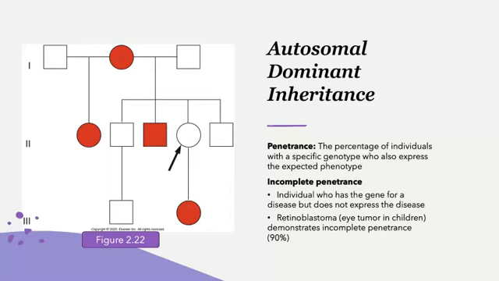The genotype and the associated disease may still be transmitted over to the next generation. So an example of this would be retinoblastoma, which is an eye tumor that we find in children that usually is malignant, and it can demonstrate incomplete penetrance of 90%. So 10% are obligate carriers and don't develop the disease.